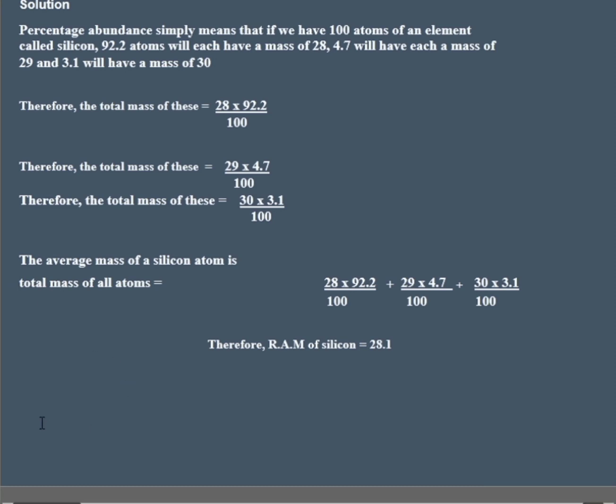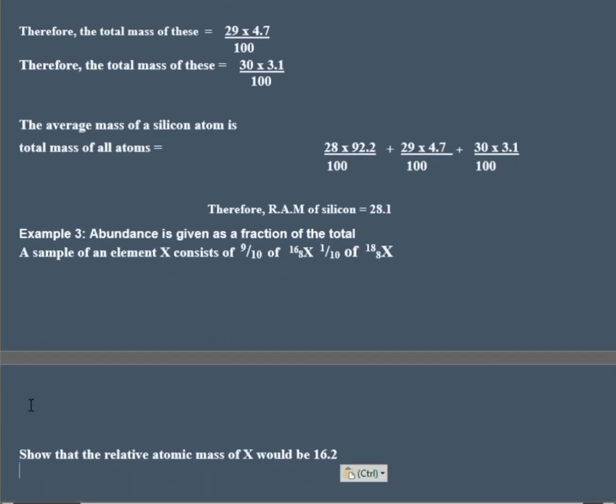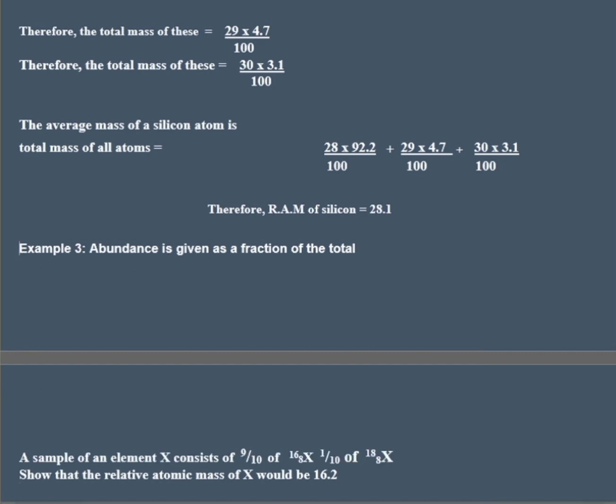Show that the relative atomic mass of X will be 16.2. Now here we are already given the atomic mass, but they want us just to show that it will be 16.2.